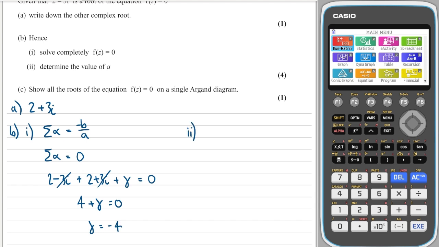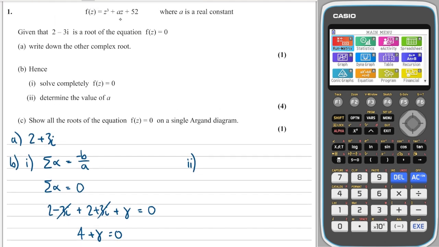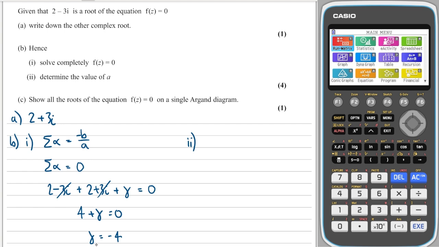Okay, the second part of B says determine the value of a, where a is the z coefficient, which is unknown. We can use the factor theorem for this, seeing as we know that we have a root of minus 4. Then f of minus 4 will equal 0.